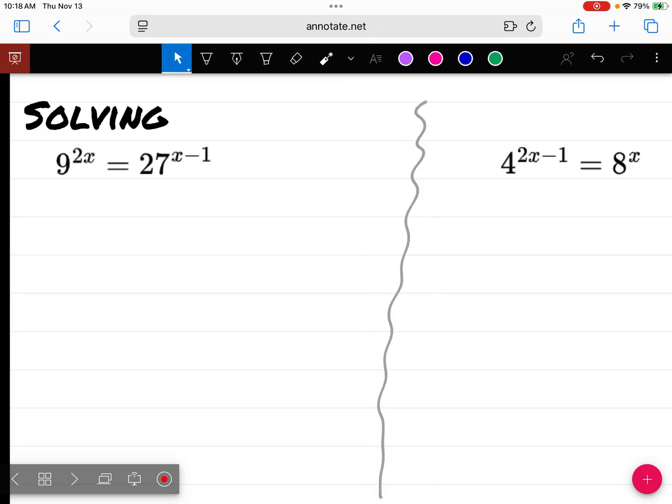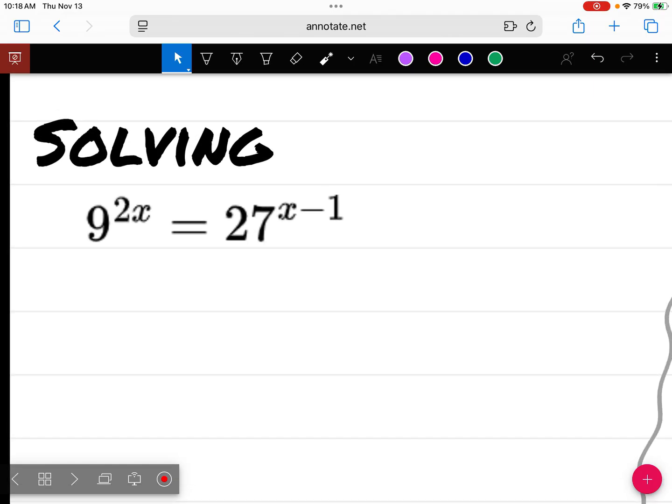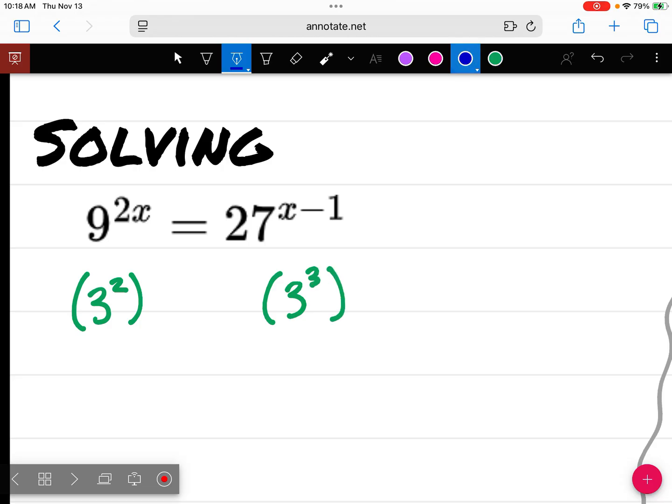They're both going to wind up having a different base. We're going to have to change both bases to a 3. Yeah, because I can rewrite 9 as 3 squared, and I can rewrite 27 as 3 to the 3rd.